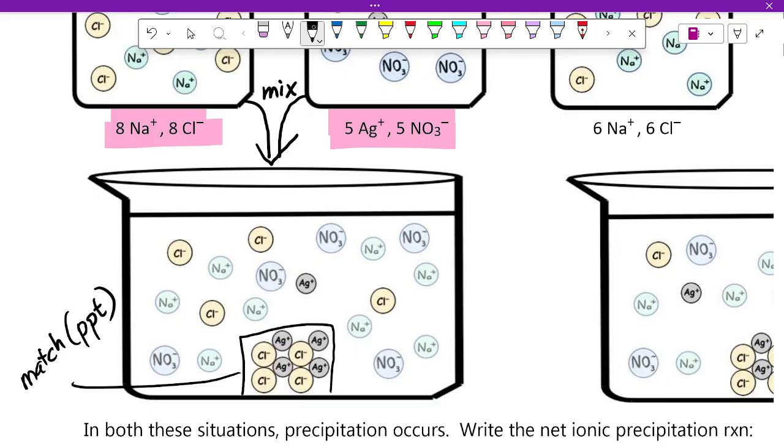And you can see we used up 4 Ag pluses and 4 Cl minuses. They reacted 1 to 1, because there's no way to have 2 silvers react with 1 chloride.